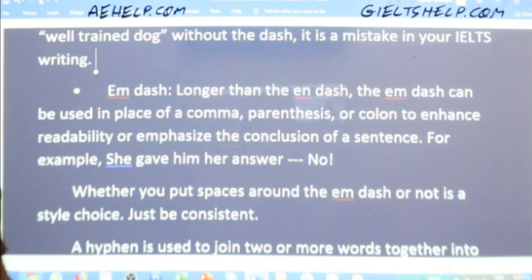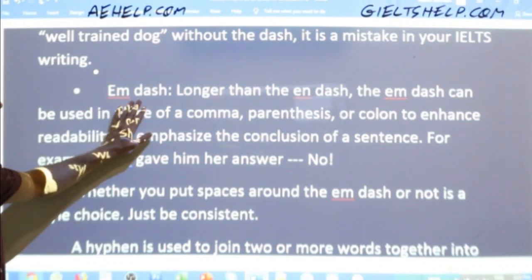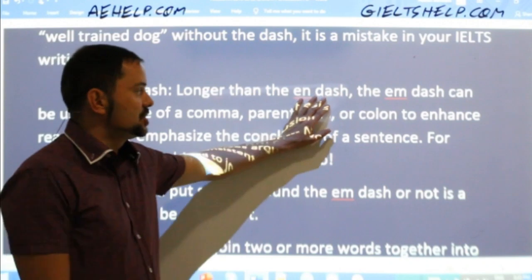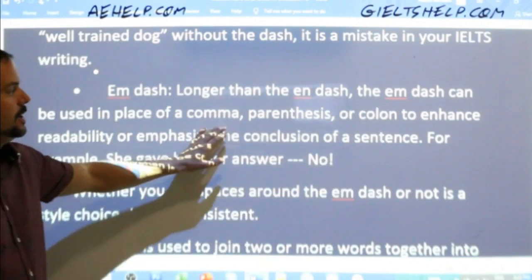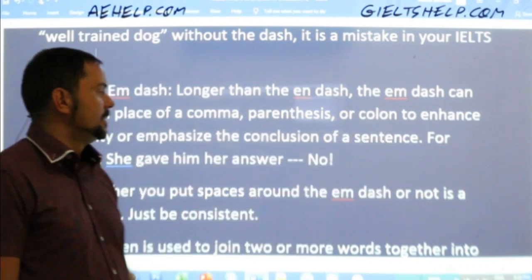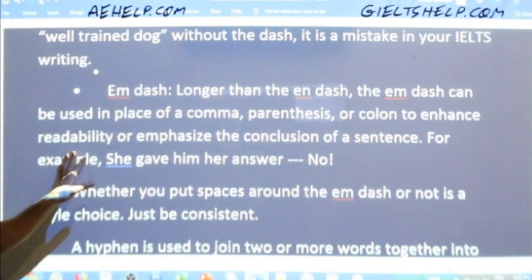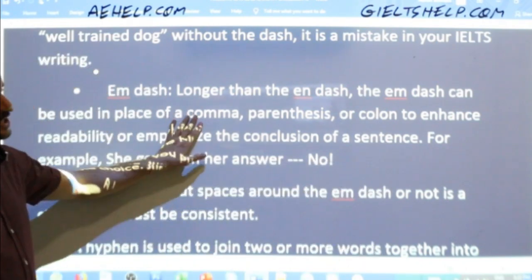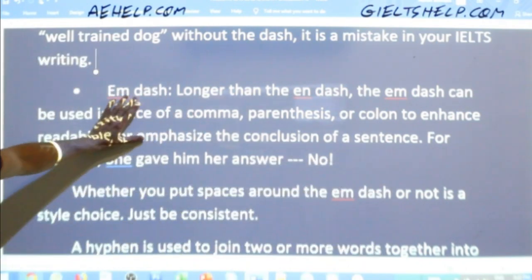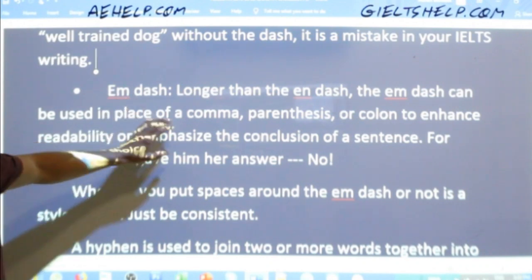All right, the M dash is longer than the N dash. The M dash can be used in place of a comma, parentheses, or a colon to enhance readability or emphasize the conclusion of a sentence. This is quite interesting, and this is kind of similar to the use of the colon.